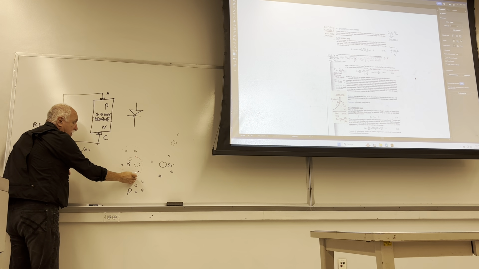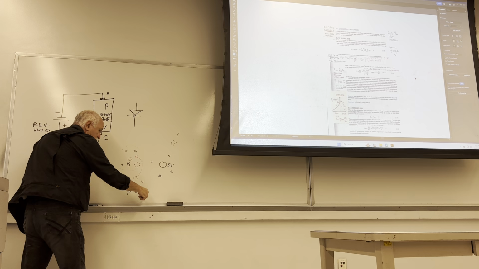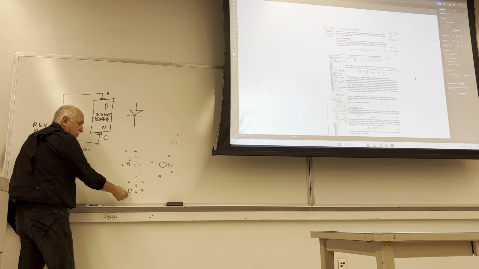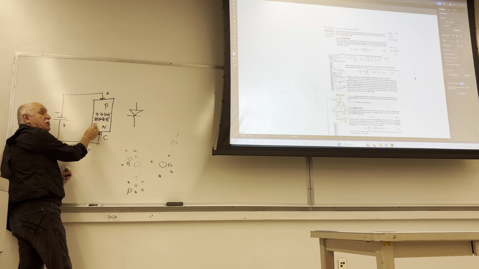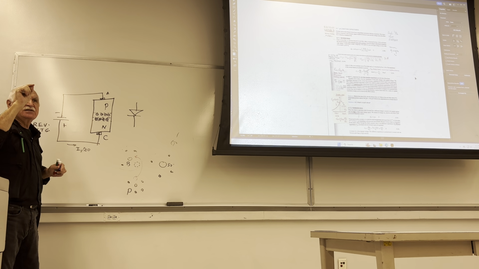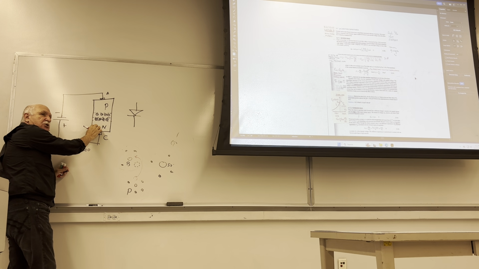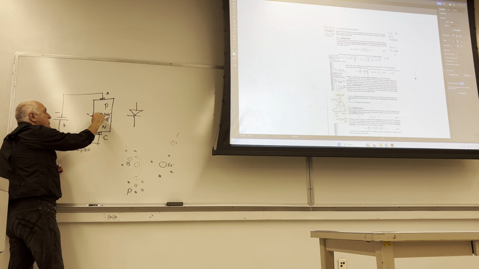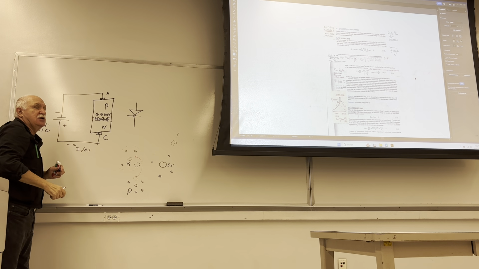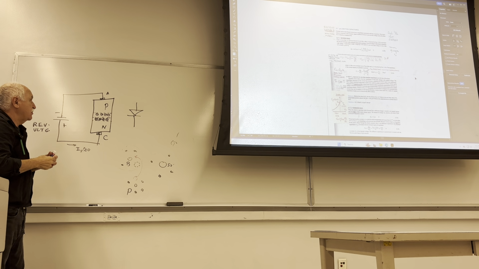Initially it is neutral with 5 electrons, but once it loses one electron, it becomes positively charged. So it leaves positively charged phosphorus atoms in the N region. So we have negatively charged ions in the P region and positively charged ions in the N region.